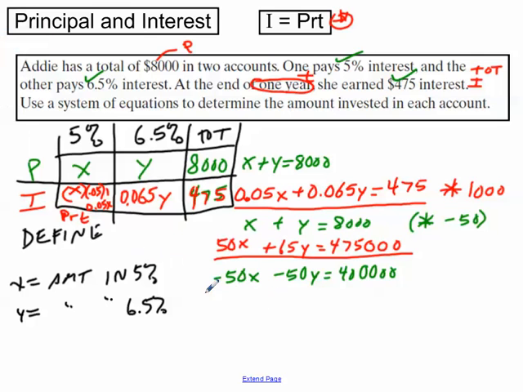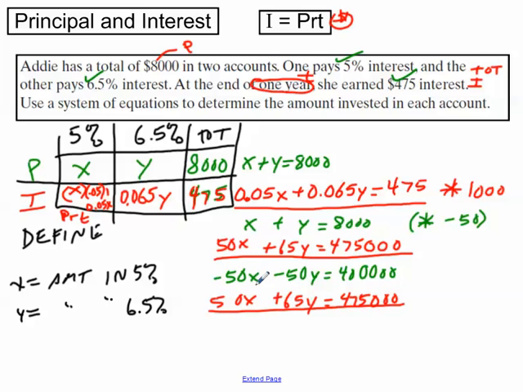The red equation is positive 50x plus 65y equals 475,000.